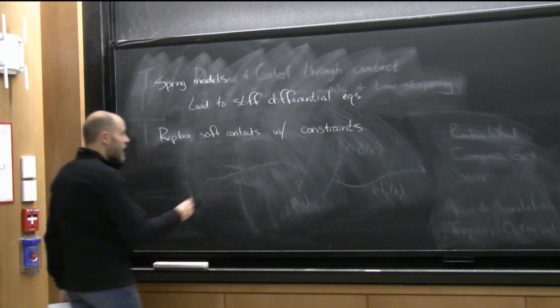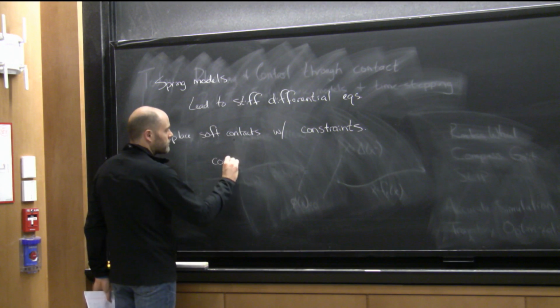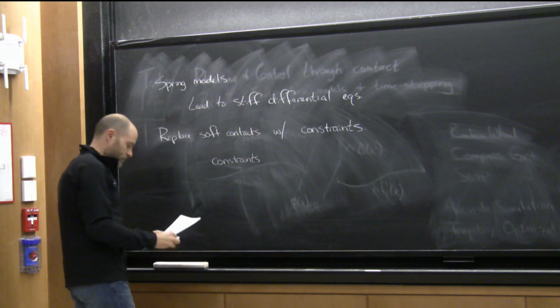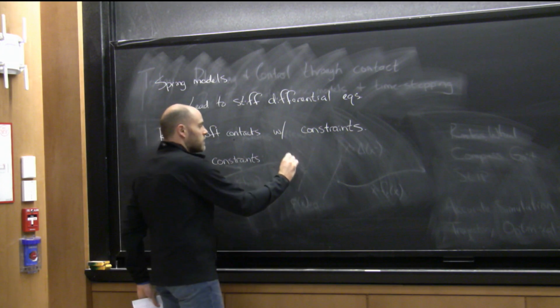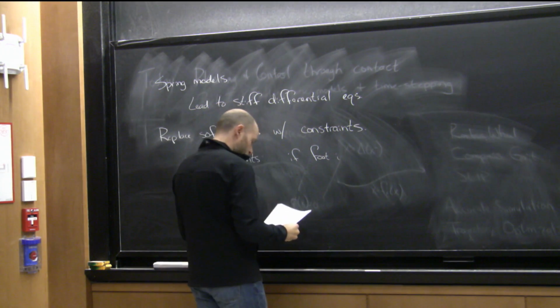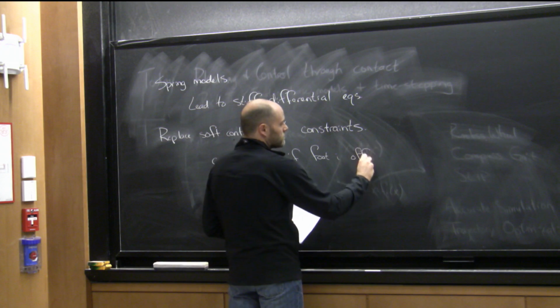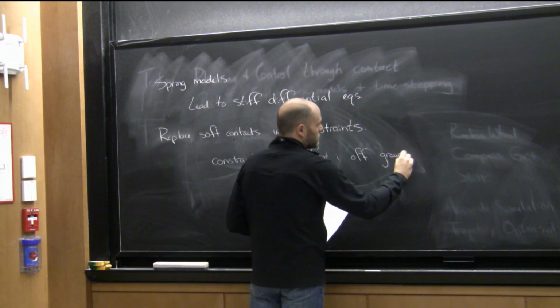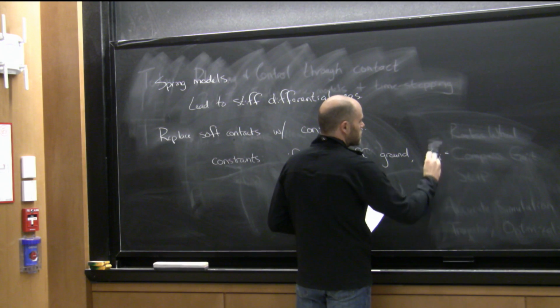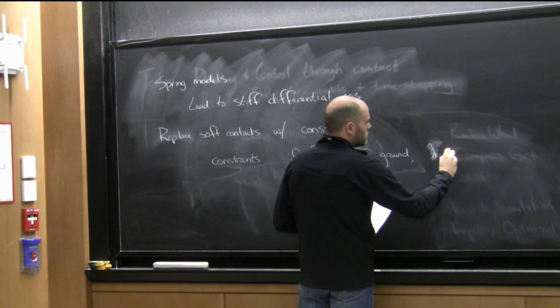So for instance, now the constraints are, for instance, if foot I is off the ground, then lambda I equals 0.